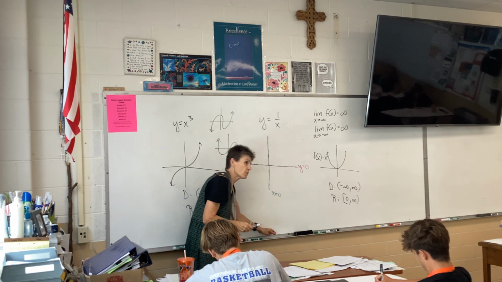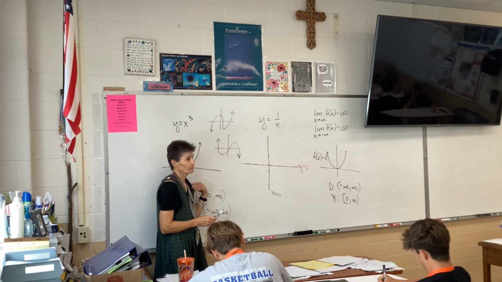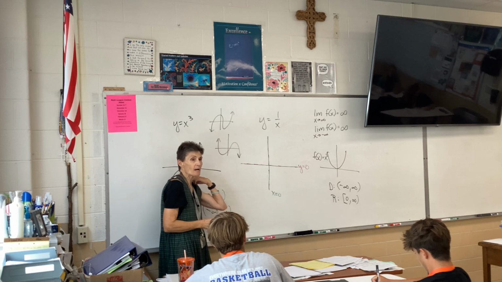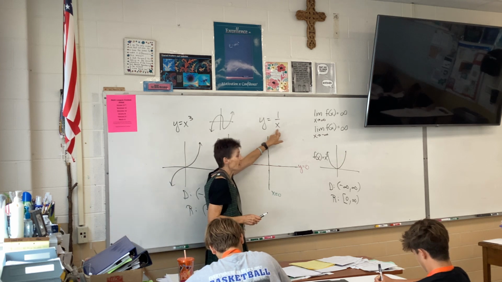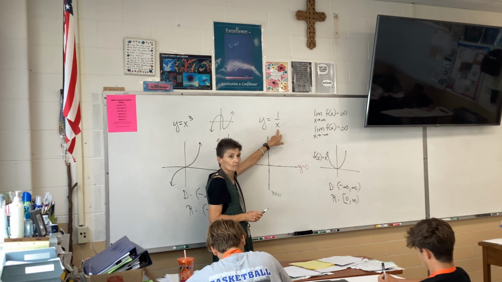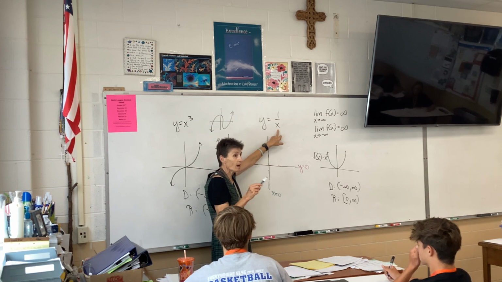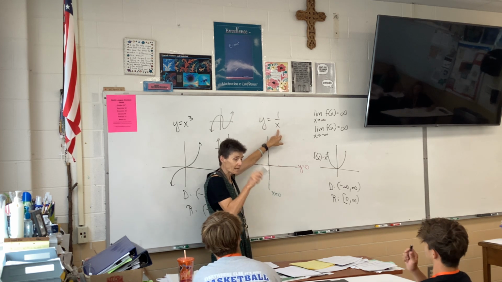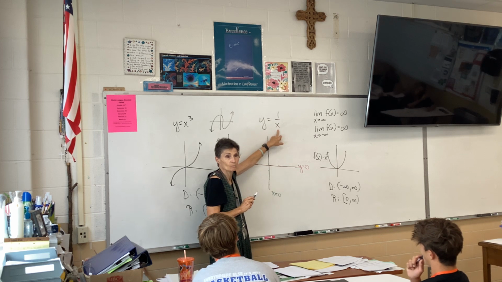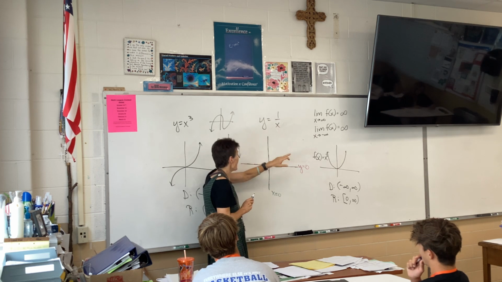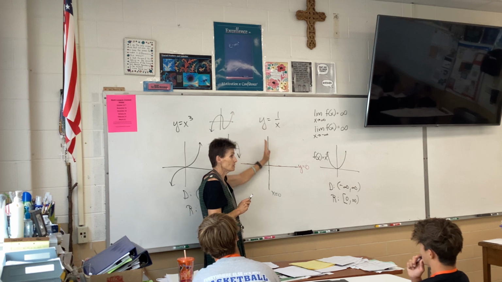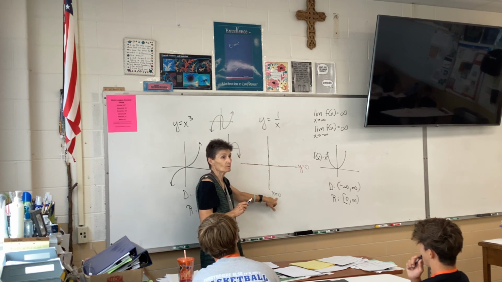Now, I want you to think about that for a second. I think it's pretty obvious to you that x can't be 0, right? And in math land, if you cannot be something, you're an asymptote. So I have x cannot be 0, so I'm going to have an asymptote there.